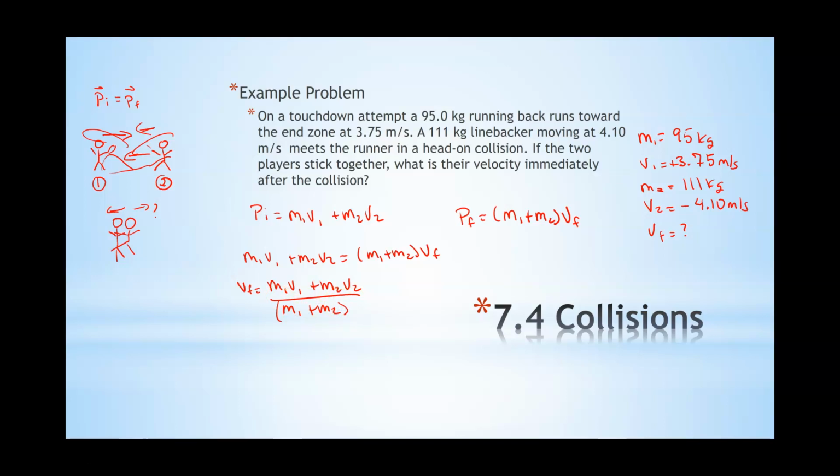Now we can plug and chug the information I've set out over here. It is important to keep track of your positives and negatives, because that will affect what direction this velocity is as a result of our math here.